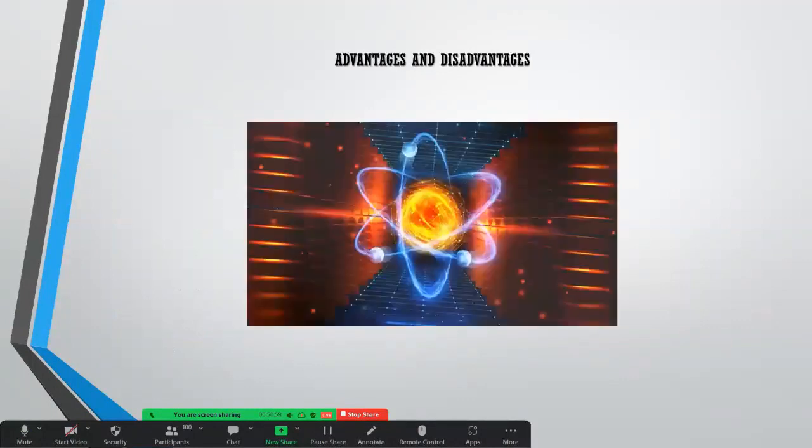Now let's see the advantages and disadvantages of a photonic quantum computer. The advantages are that they are accessible, scalable, versatile, and resource efficient. At the same time, photonic quantum computers are modular and customizable, and well suited for distributed quantum computing.